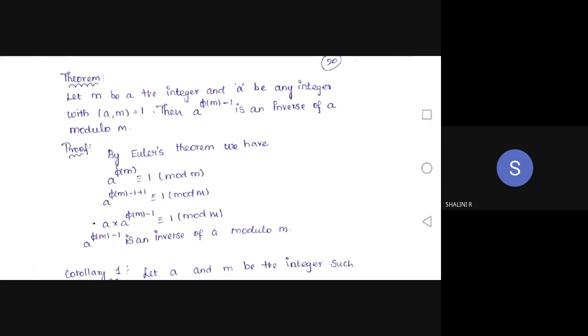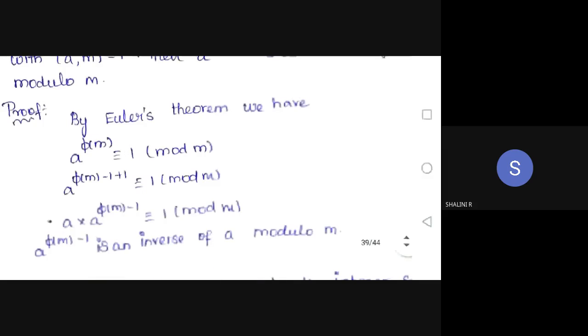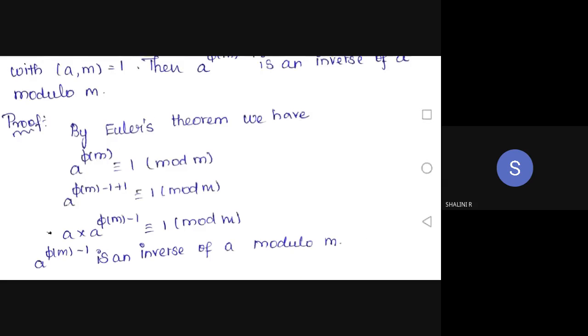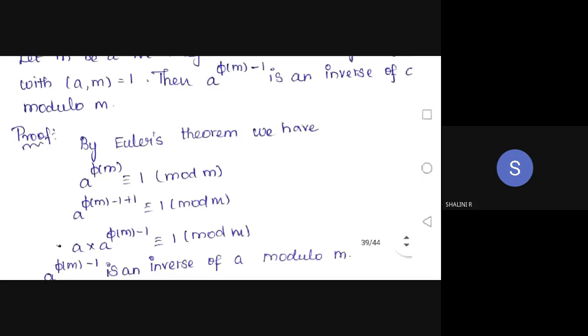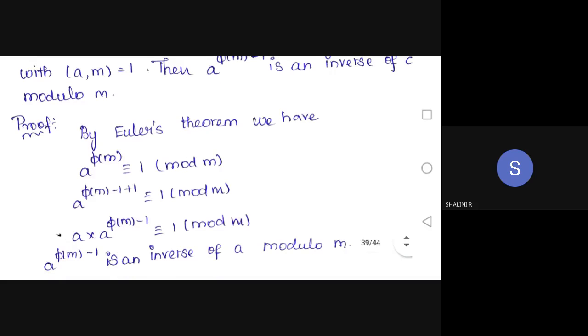So the statement of the theorem can be represented in the linear congruence, that is a into a power phi of m minus 1 is congruent to 1 mod m. Okay, when a into a power phi of m minus 1 is divided by the mod value, you get the remainder 1. At the time we can say that a to the power phi of m minus 1 is an inverse of a under mod m.